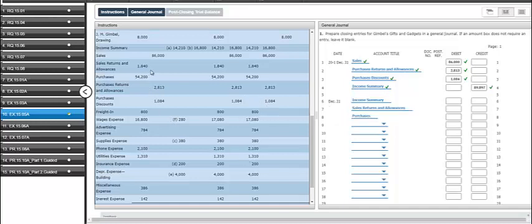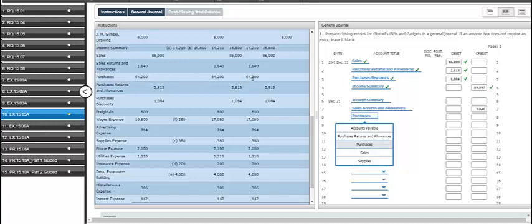Our first account that has a debit balance that needs to be closed is sales returns and allowances, and since it has a debit, we're going to enter it on the credit side. The next account is purchases.